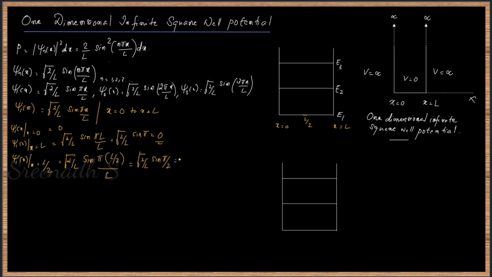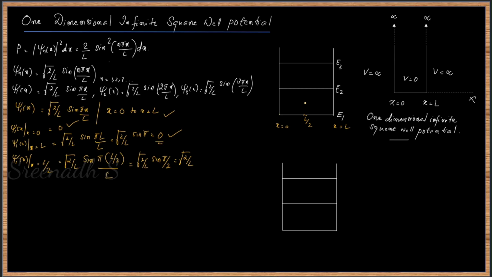Right. So if we start the graph from here, this is a sine function having 0 value at x equal to 0, right, psi 1 of x at x equal to 0 is 0. And psi 1 of x at x equal to L is also 0. But it has a maximum value at L by 2. So how can we draw the graph?